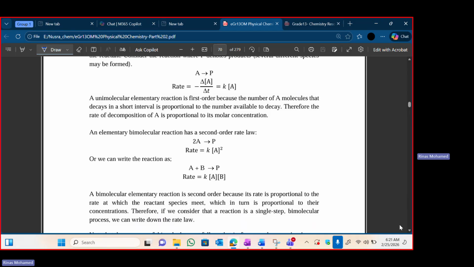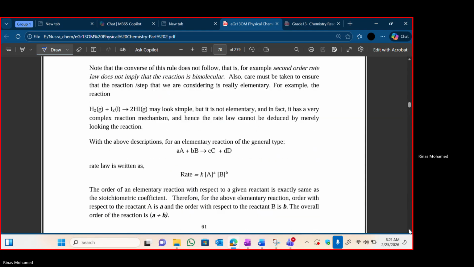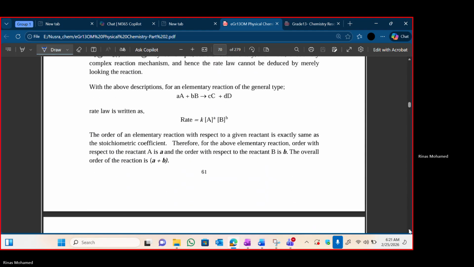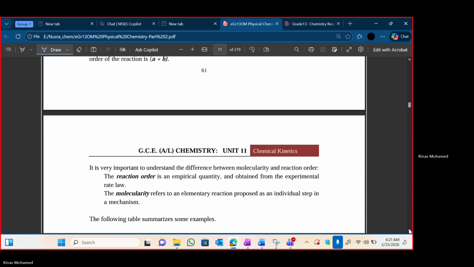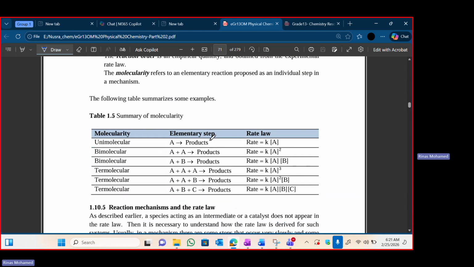Then you will have understood the molecularity they have given, because this is an elementary step.